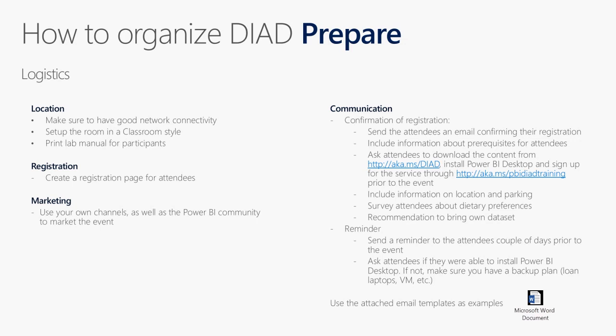Because when you create a registration page, then you can start promoting those events through your multiple channels. And that takes me to the marketing part of the event. How do you market the event? So you can use your own channels, like your own website, maybe do some paid advertising if you want, or word of mouth through your community or your salespeople. But you can also use the Power BI community. As I mentioned earlier, Power BI has a rich community with more than 300,000 monthly active users.